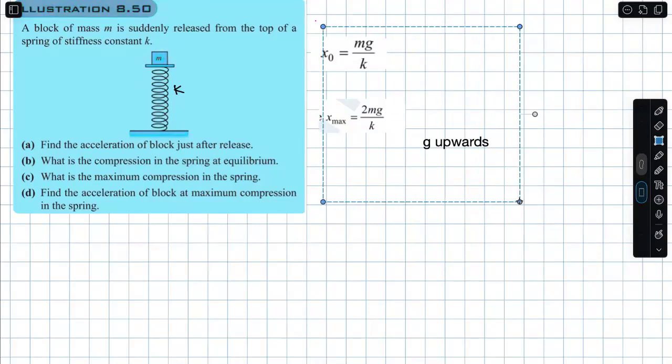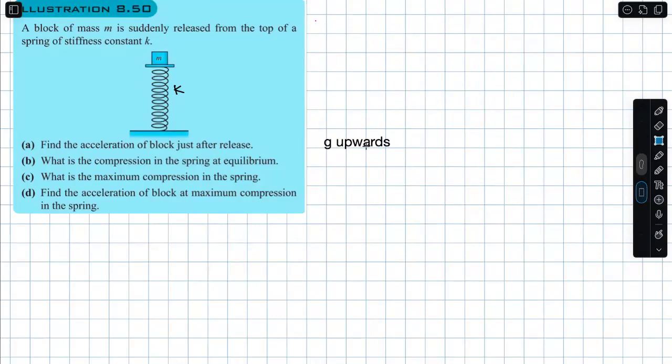It still experiences weight force. Immediately after the release, it will still experience weight force. Except that there is no other force.